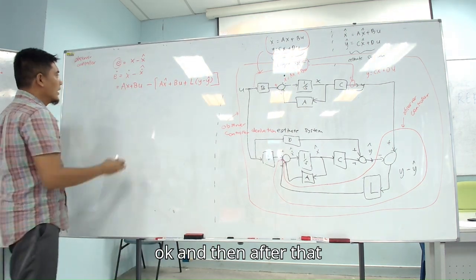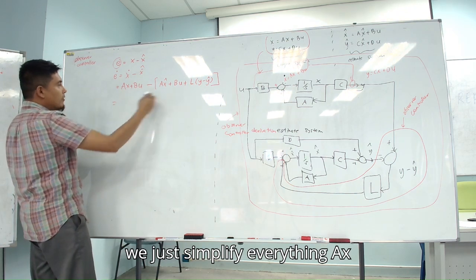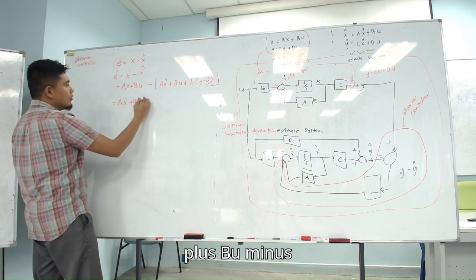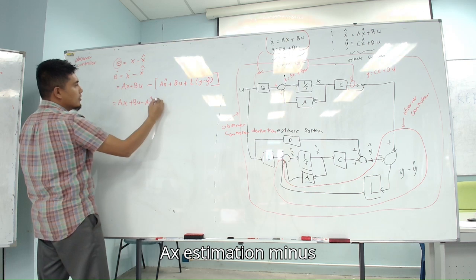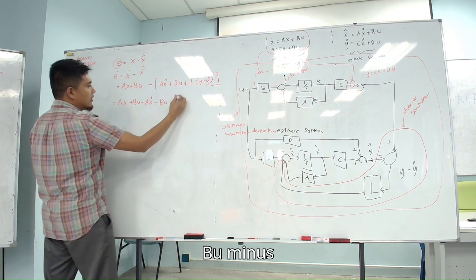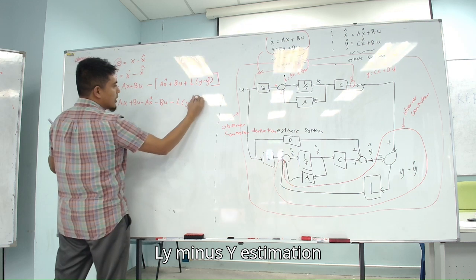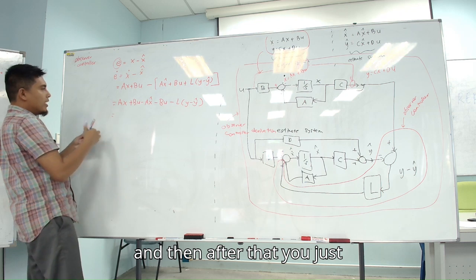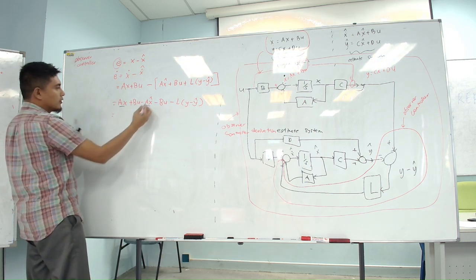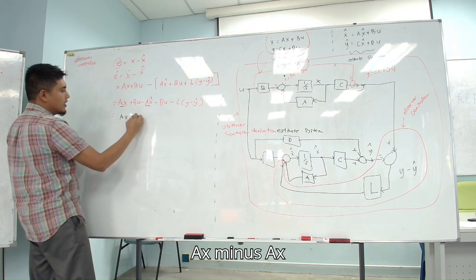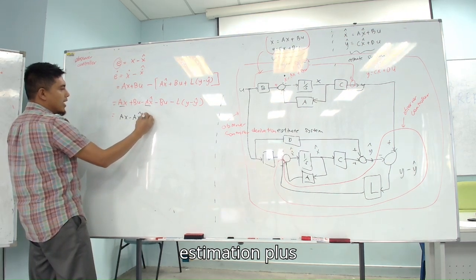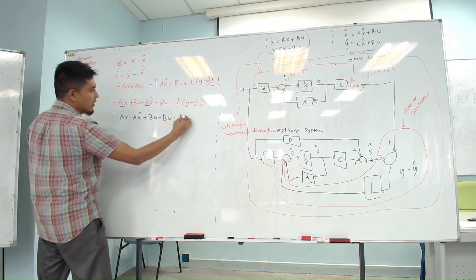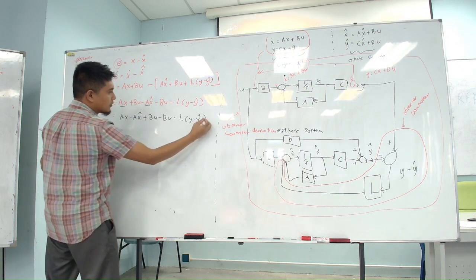Okay, and then after that, we simplify everything. Ax plus bu minus ax estimation minus bu minus L y minus y estimation. And then you put AX together: AX minus AX estimation plus BU minus BU minus L y minus y estimation.